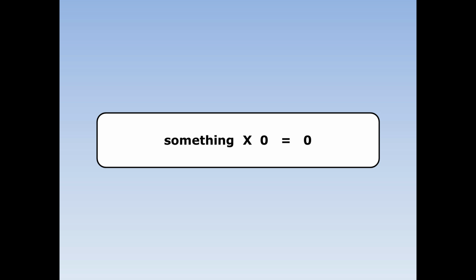It doesn't matter. If it's times by 0, it equals 0. Thinking about it the other way, if I've got something times something else, and that's equal to 0, one of these two must be equal to 0. Either the first thing is equal to 0, or the second thing is equal to 0.